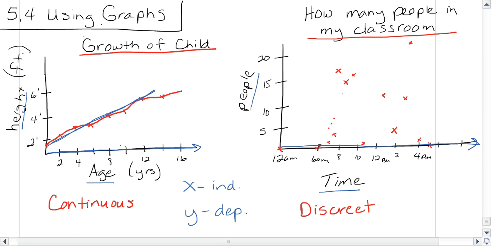For the people in my classroom, the trend would be a little more difficult to describe. We would have to go through it by times. The trend would be nobody at 6 a.m. You just have to make a list if you were describing this graph as a problem in your homework. A lot of people at 8 a.m., not many people at lunchtime, and so on.